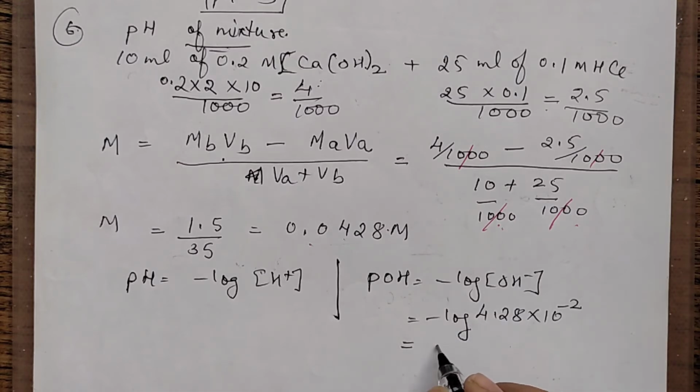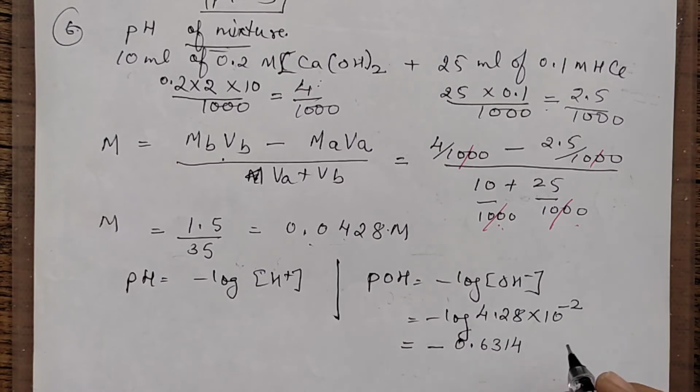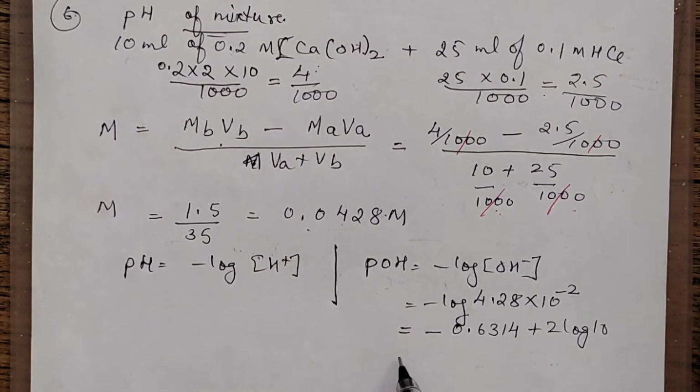When you check the log value for it, it comes out to be 0.6314. Minus minus will be plus, so plus 3 log 10 you will have. When you calculate the pOH value, you get 1.3686.